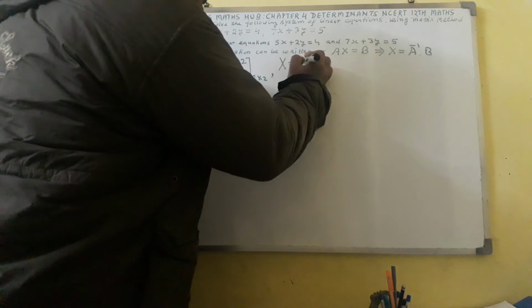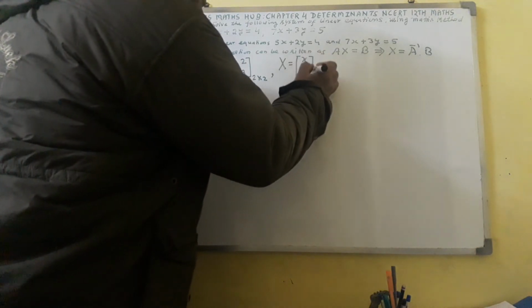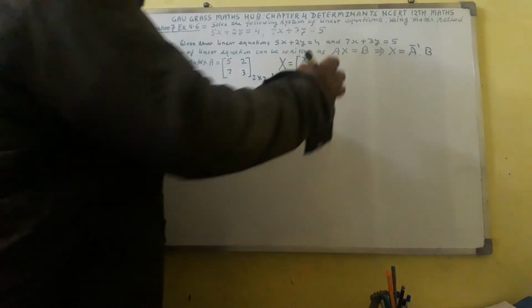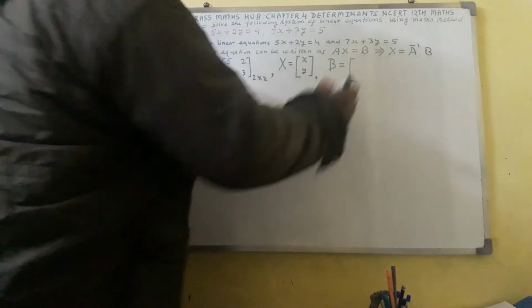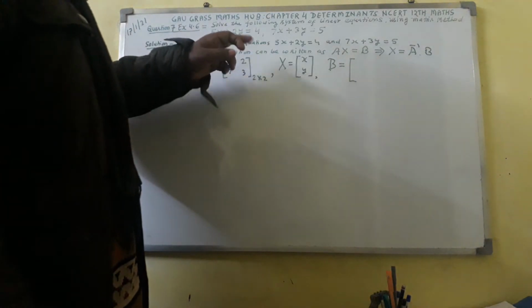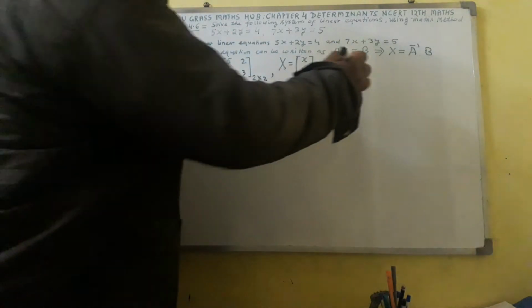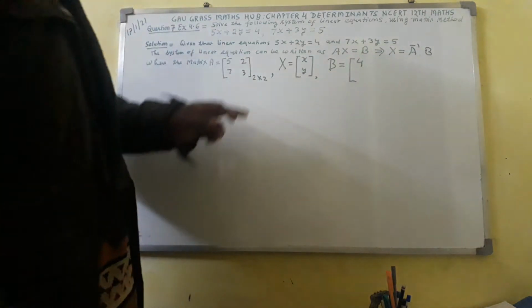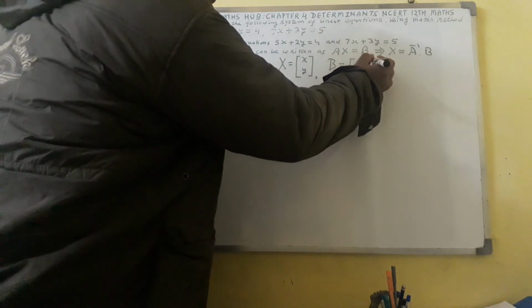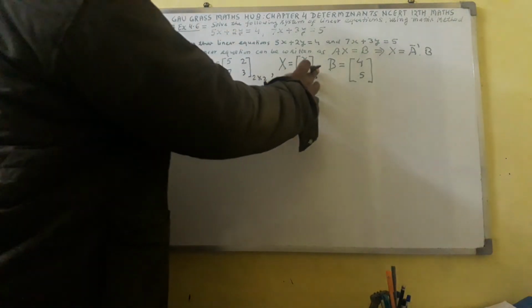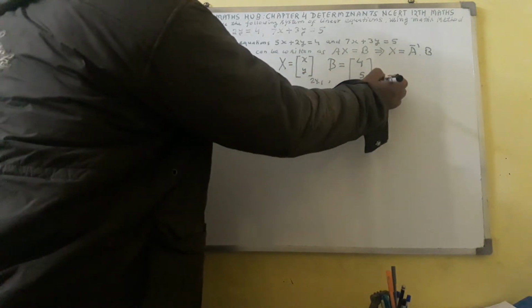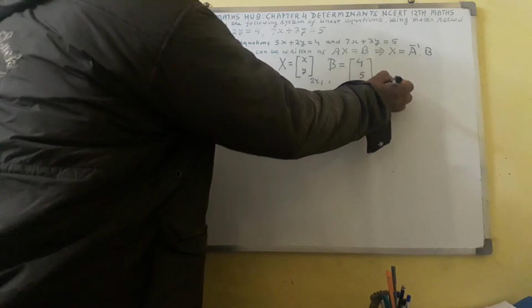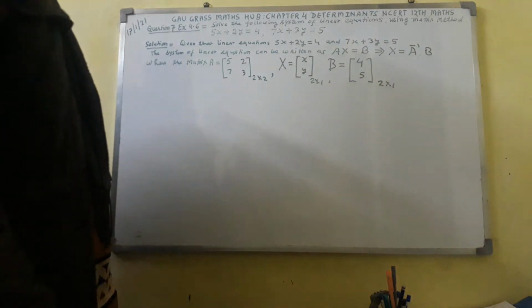So here write x, here write y, comma, and matrix B will be, in the first equation constant is 4. So here write 4. From the second equation take the constant as 5. So here write 5. So this is a matrix of order 2 cross 1, and also this is a matrix of order 2 cross 1.